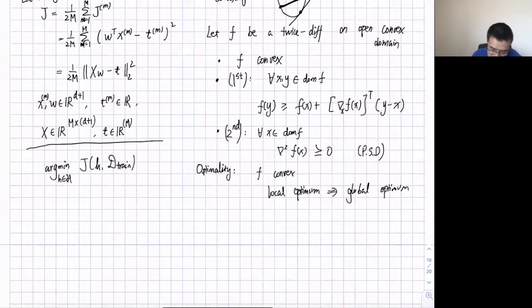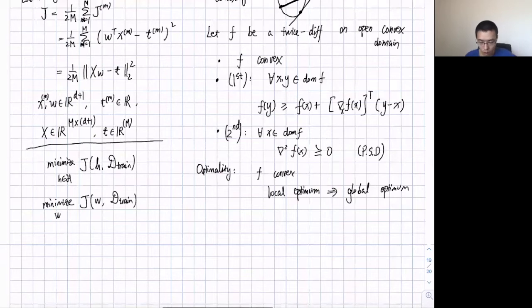So I can say this problem is equivalent to minimizing over my W, J, which is a function of W, okay? But it's also a function of my training data. But you have no control over the training data. What you can do is to optimize this W.